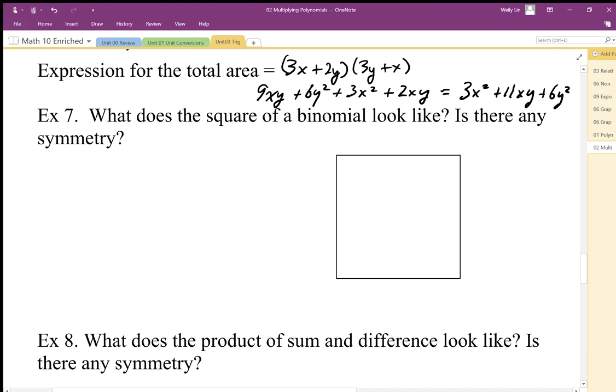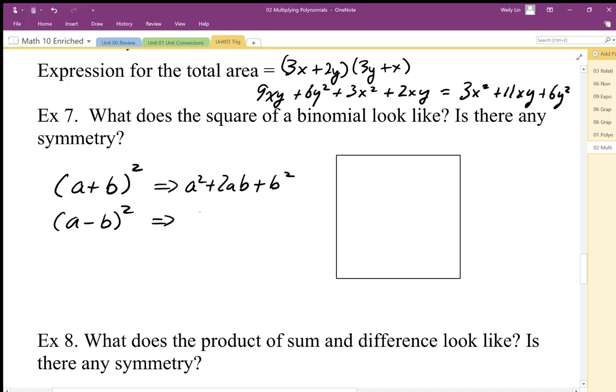So when I square any binomial, a plus b squared, whether I have a plus b or a minus b, I'm going to end up with a square shape. So a squared plus 2ab plus b squared is a square shape. A squared minus 2ab plus b squared is a square shape.